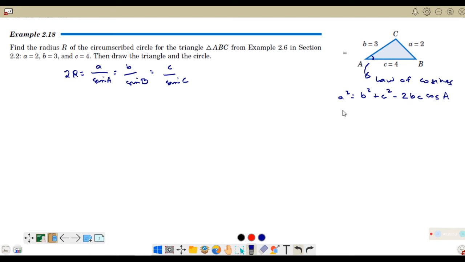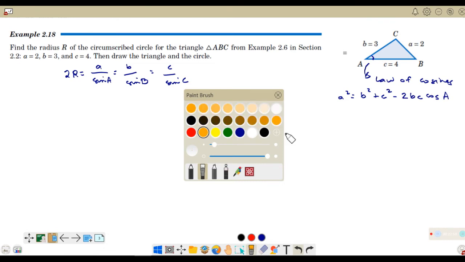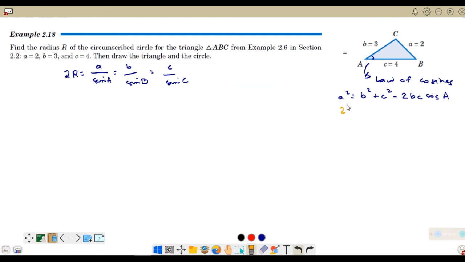So, si A squared is 2. Substitute na tayo. We have 2 squared is equal to, si B ay 3, so, 3 squared plus si C ay 4, 4 squared minus 2 times 3 times 4, and then cosine ng hindi natin alam na value ni A. Simplify tayo. 2 squared, 2 times 2, 4. 3 squared, 3 times 3, 9. 4 squared, 4 times 4, 16.